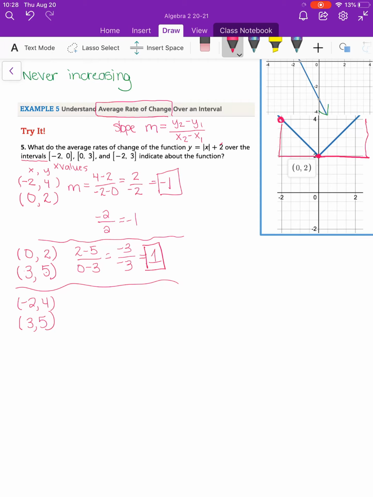But I kind of cut off the graph. Let's look here though. This one gets a little tricky because it was going downhill and then it starts going uphill. That's no fun. So what does that mean?